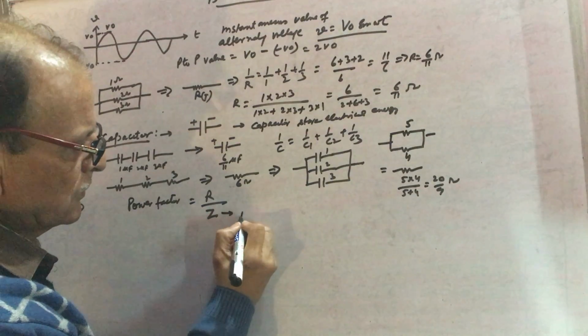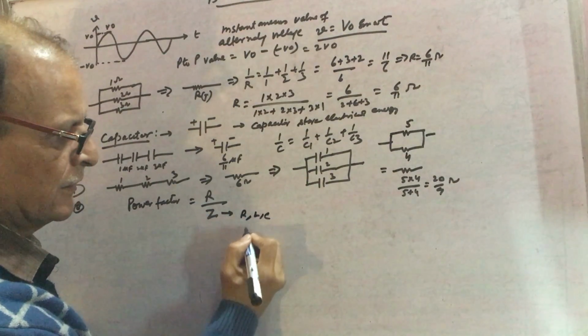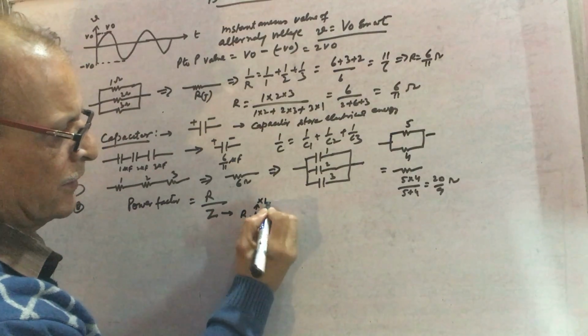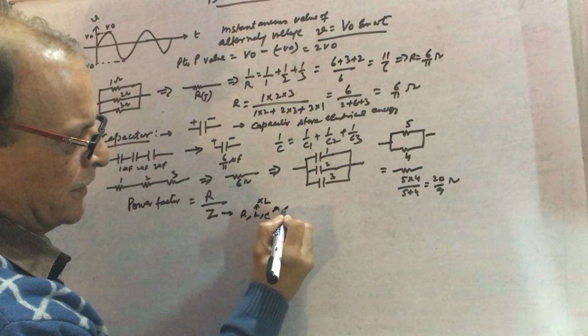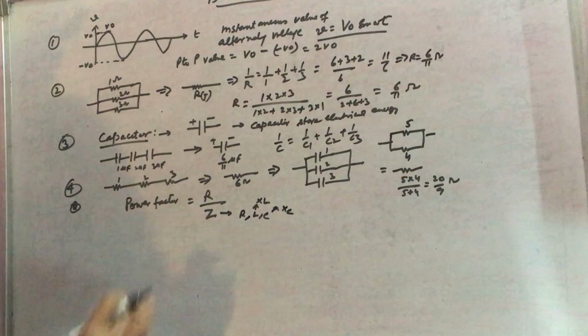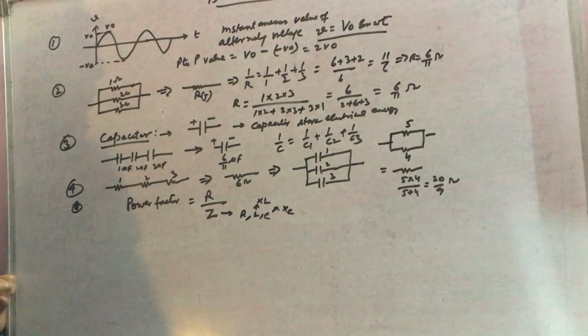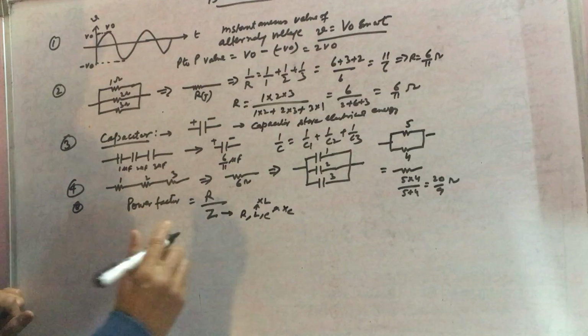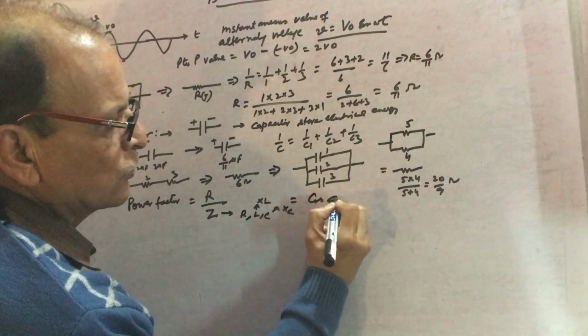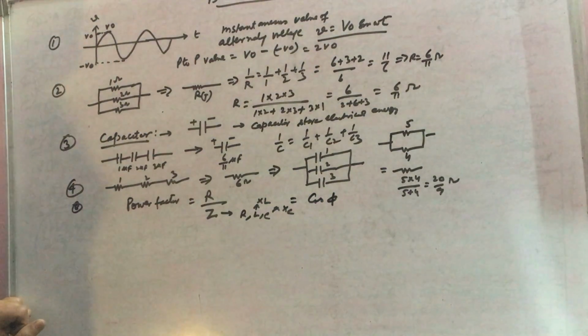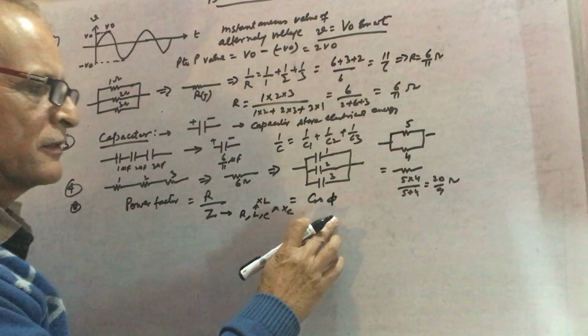So in impedance there are R, L and C. L has inductive reactance and C has capacitive reactance. And R over Z, R means purely resistance. So the ratio of R over Z is also represented by cos phi. Phi is the phase angle between voltage and current.